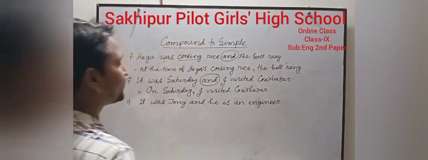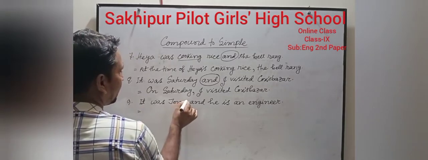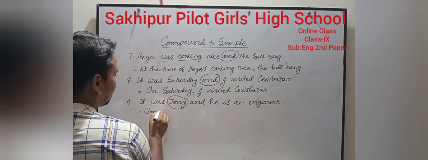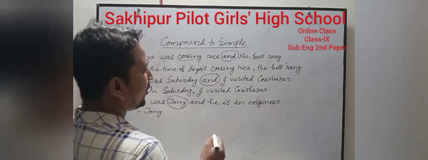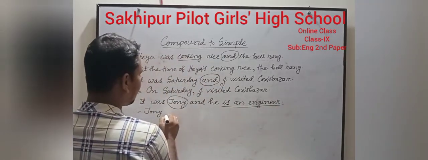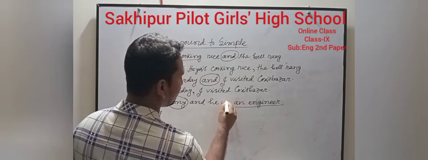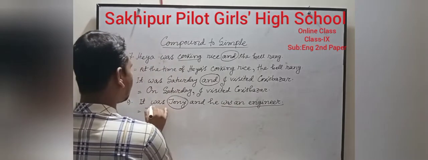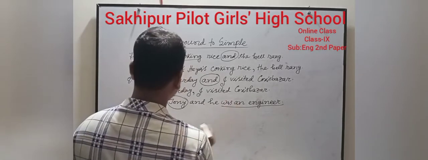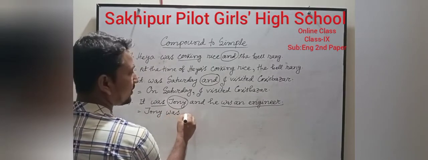So if you want to change into simple sentence, you have to write the object of the first clause, Johnny, then you have to write from verb to the last of the second clause. Here will be was, because there is was an engineer.